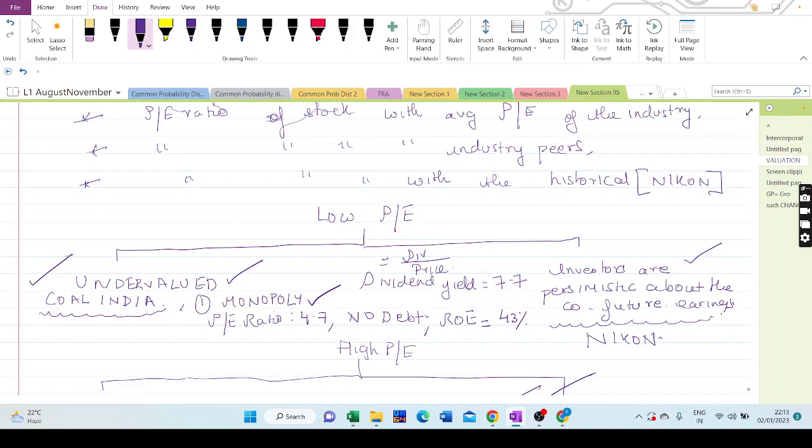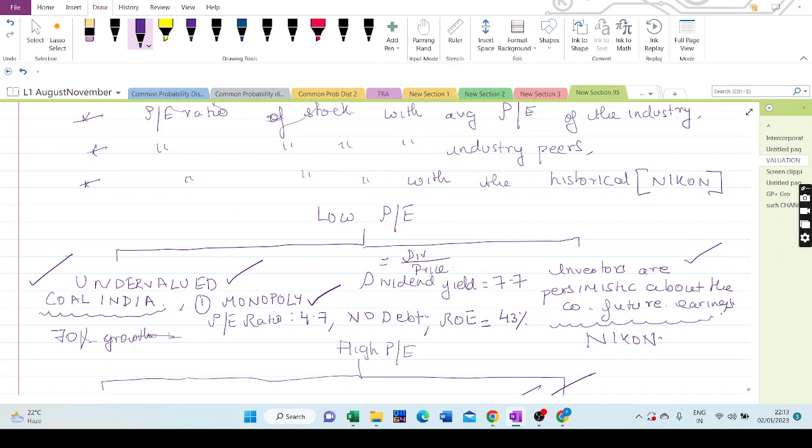So, guys, yesterday Coal India's quarterly results came out, and in the quarterly results it showed 70% growth in net profit in the quarter ended December 2022, right?